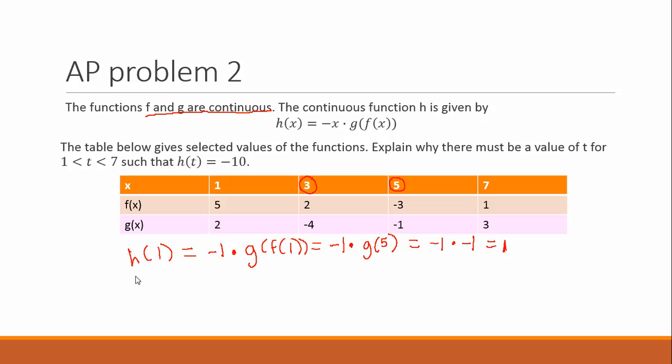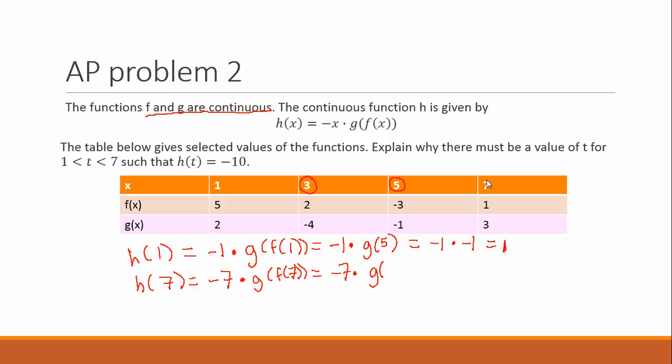Okay. Now we need to check h of 7. So we're going to do exactly the same thing. h of 7 is equal to negative 7 times g of f of 7. Let's see what f of 7 is.